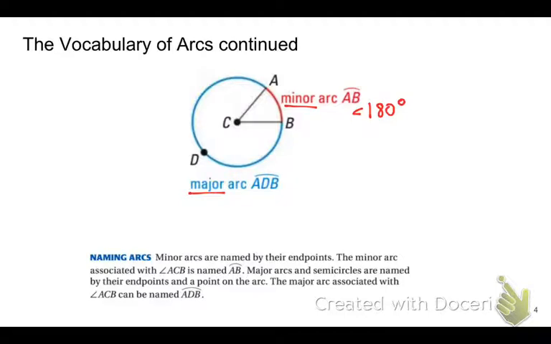The minor arc associated with this circle is arc AB. See, it's a little arc. It's small, less than 180 degrees. The major arc is this one all the way around here, and we say that is the major arc ADB.